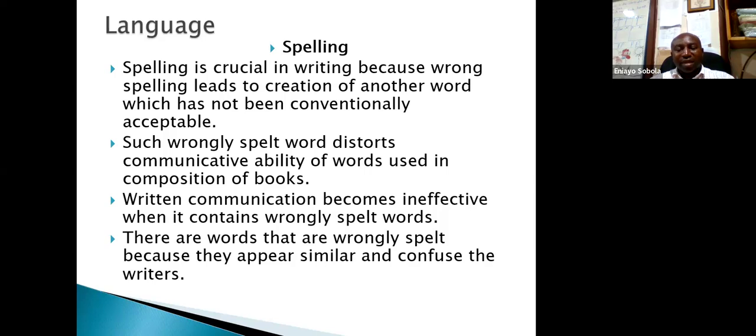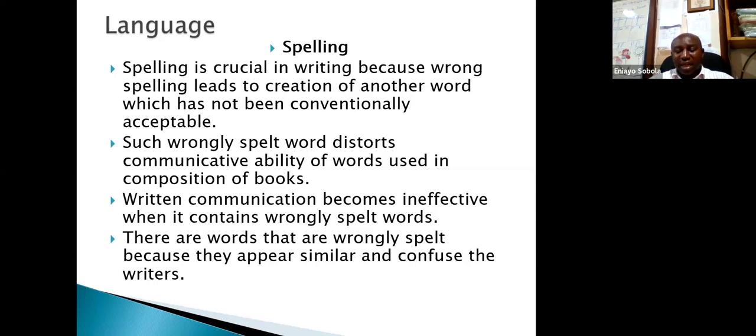You need to master the spelling of the words. Written communication may become ineffective when it contains wrongly spelled words. One of the problems that some people might have is when you are using AI to do everything, it just gives you anything, you place it there. Or you are typing on your phone and your phone is suggesting some word to you.